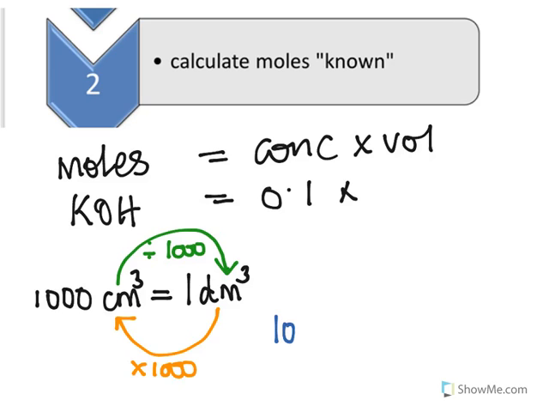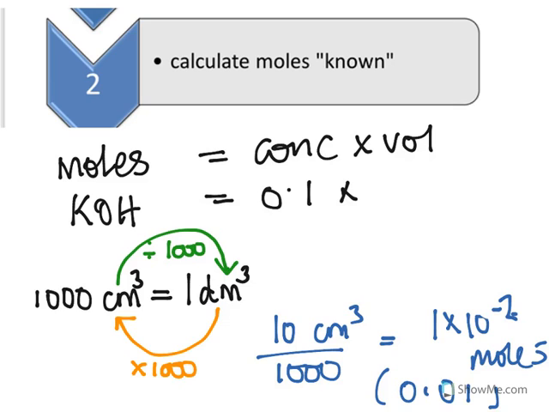In this case we have 10 centimetres cubed, so we divide that by 1,000, and that will give us 1 times 10 to the minus 2 moles, or 0.01. We can put that straight in.